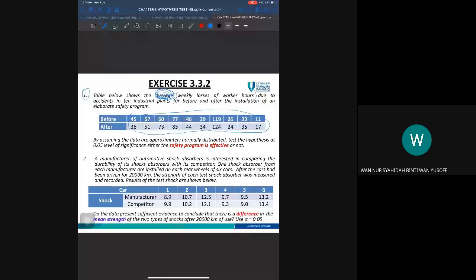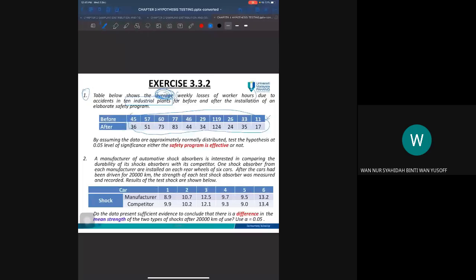Okay, due to accidents in 10 industrial plants, before and after the installation of an elaborate safety program. So here these data were collected from the same 10 industrial plants, so that's why it is a dependent sample: before the installation of the safety program and also after.